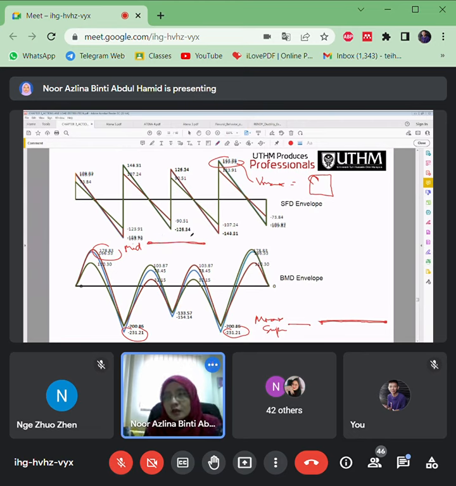Okay, even I once went to a UTM course where Prof Dr. Ramli gave a talk, I think, I don't remember his name very well. He mentioned that the consultants still use this manual calculation. They go for these manual envelopes.